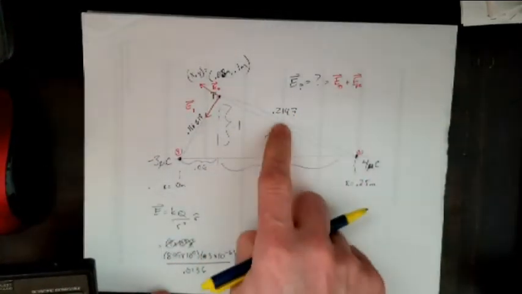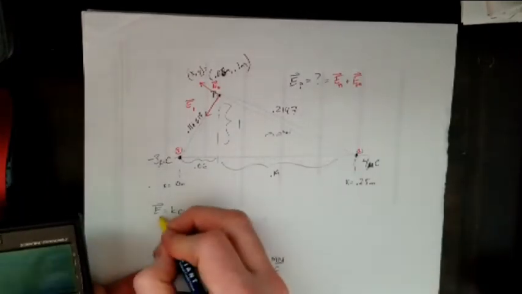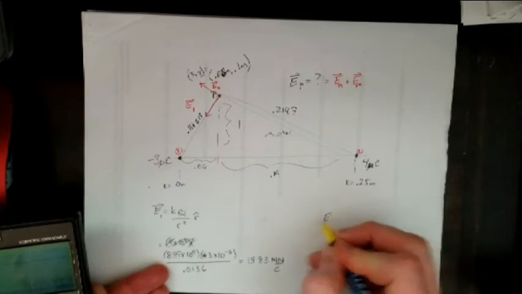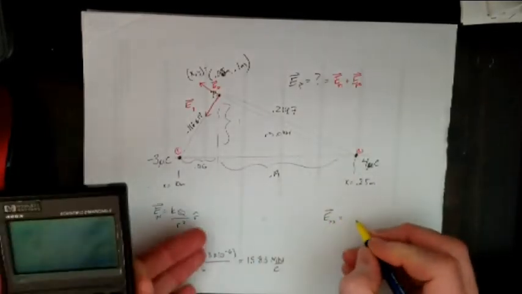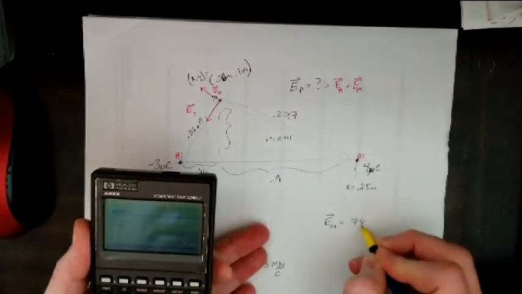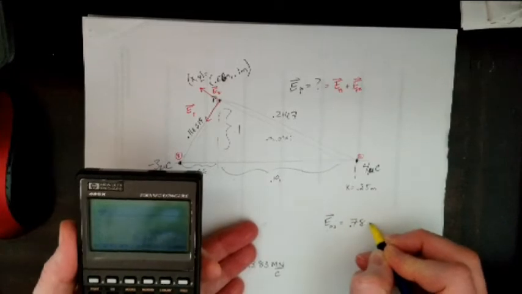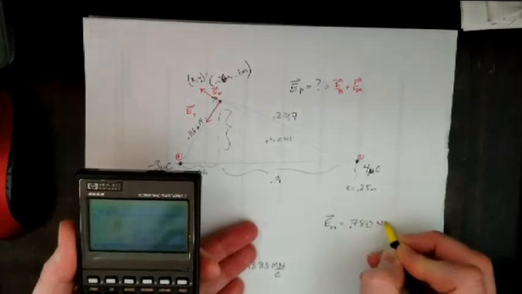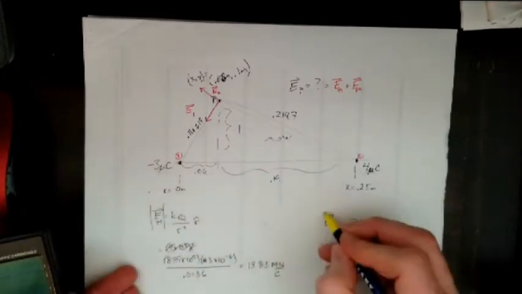This is bigger, but that's also larger, and it ends up causing something weaker. So this is from 1; the electric field at point P from 2 is going to be 0.780 meganewtons per coulomb.